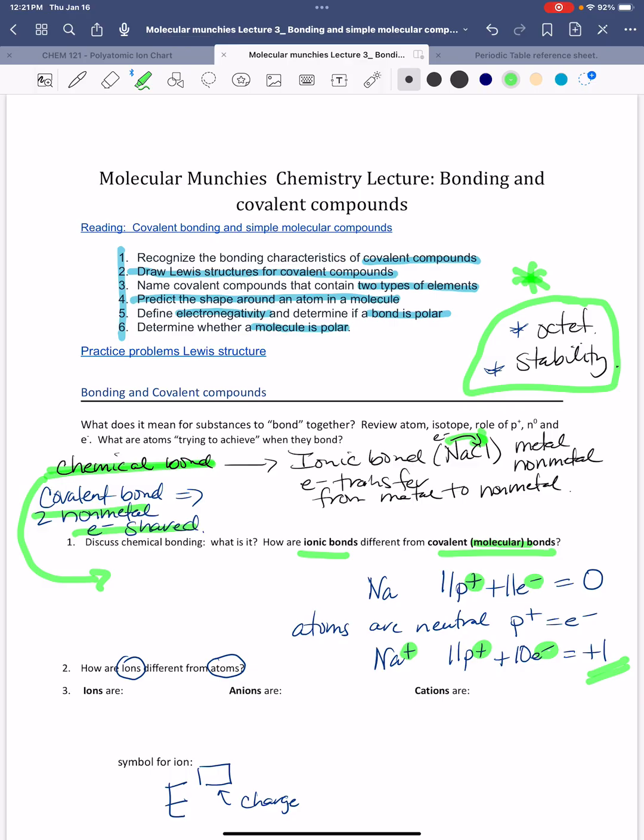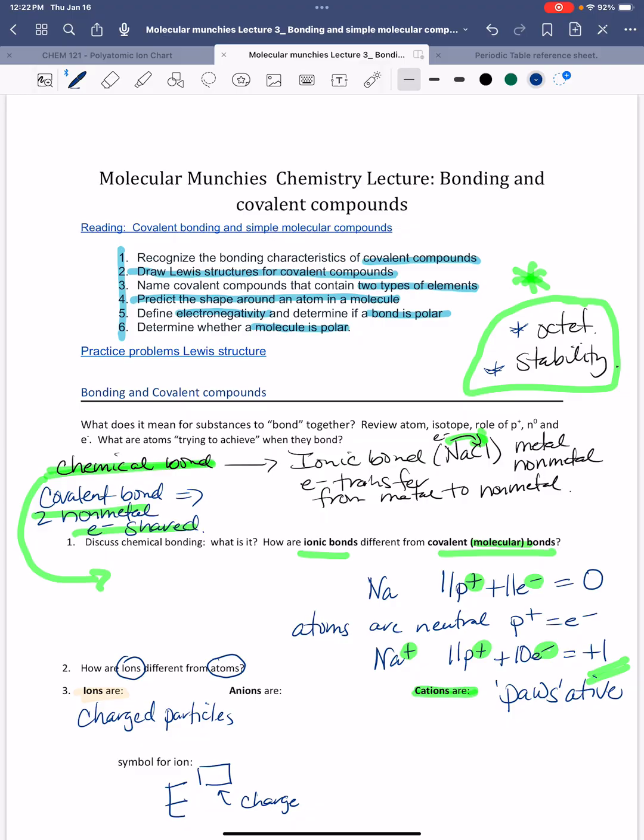Ions come in two flavors. They are basically charged particles, and they get charged by losing or gaining electrons. When we think about a cation, which is positive, you can remember that if you remember that cats have paws.